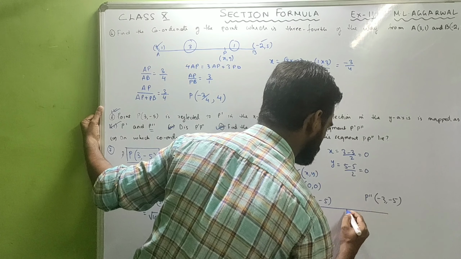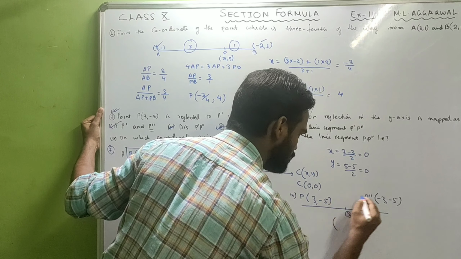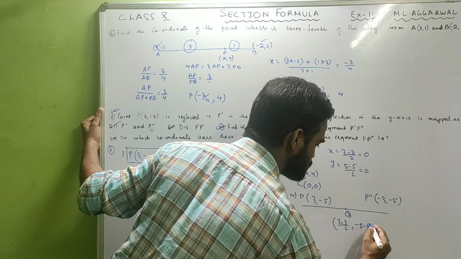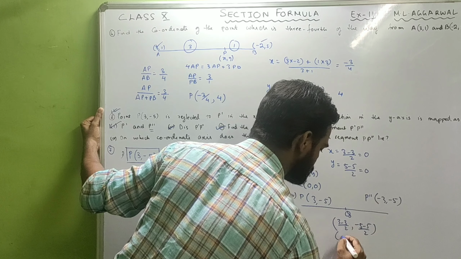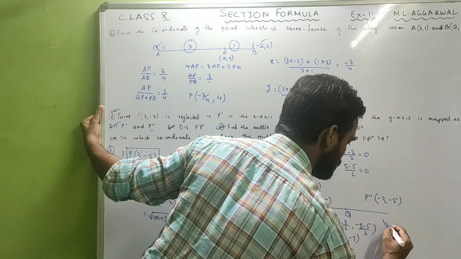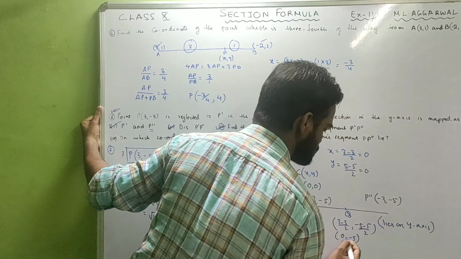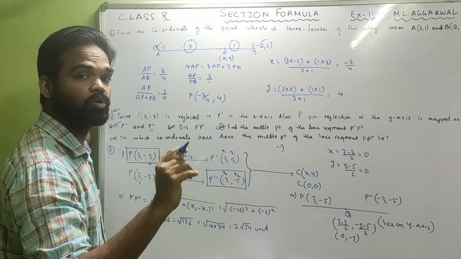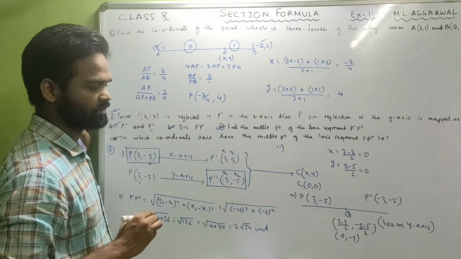So suppose Q is the midpoint, then Q will be what? 3 minus 3 by 2 is the x-coordinate, and minus 5 minus 5 by 2, which means the coordinate of Q is 0 comma minus 5, and 0 comma minus 5 lies on the y-axis, isn't it? Because the abscissa is 0. Any point on the y-axis is 0 comma b, we know that. So this lies on the y-axis.